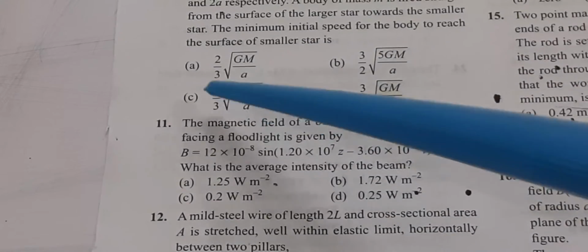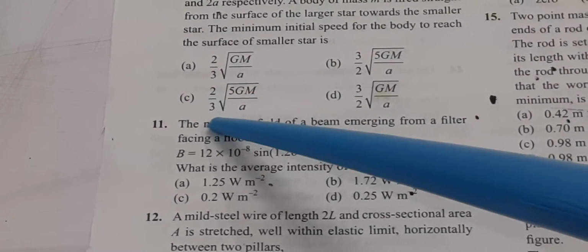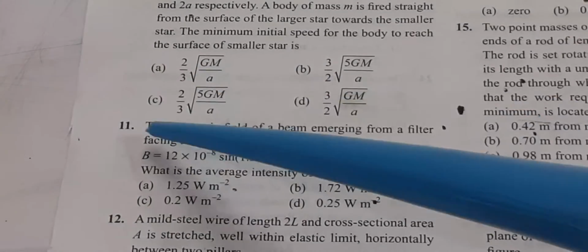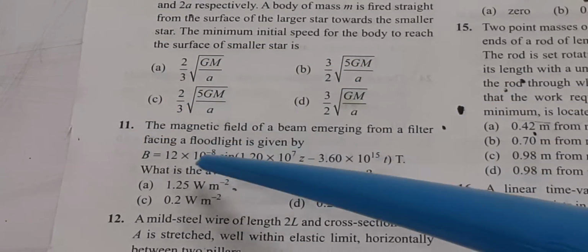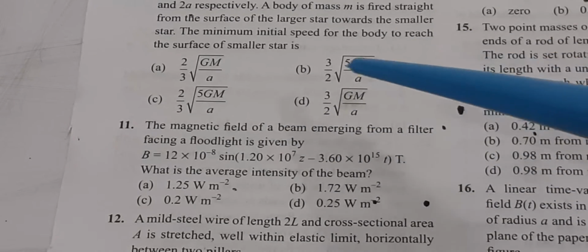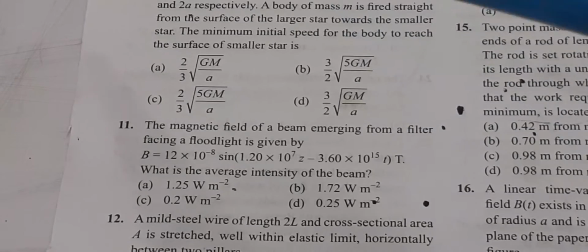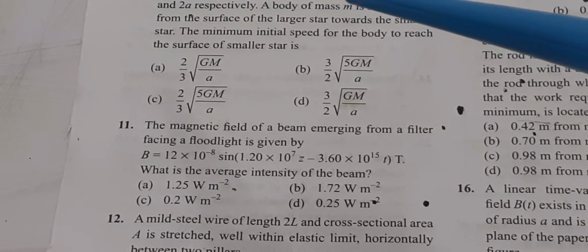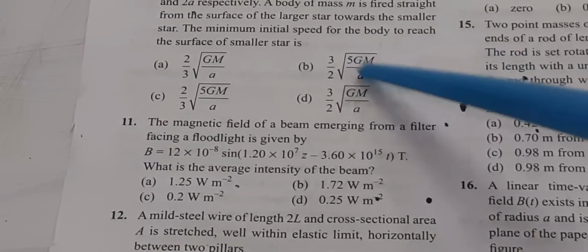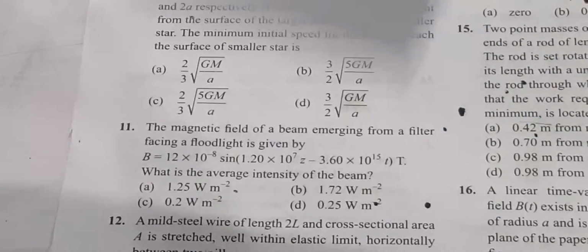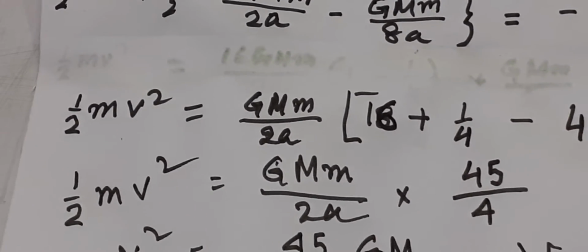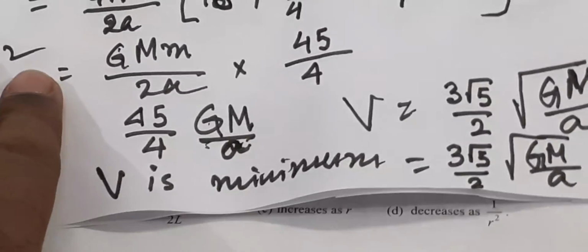You can see here 5 has been taken inside, 2 by 3 root under 5GM by a. No, the answer will be this one, B. B will be the answer. You can see here, 3 by 2, B will be the answer. Check this.